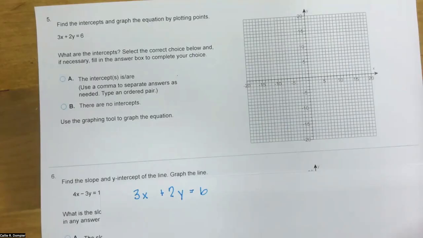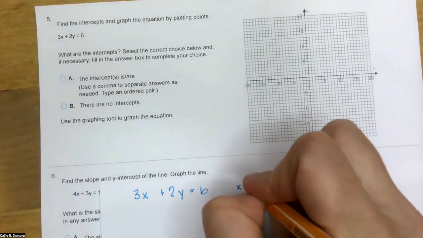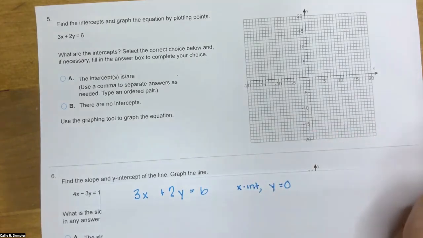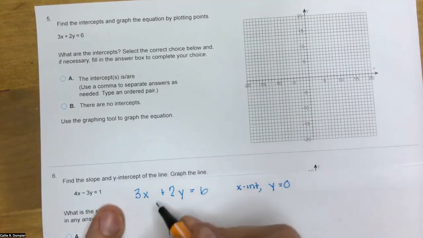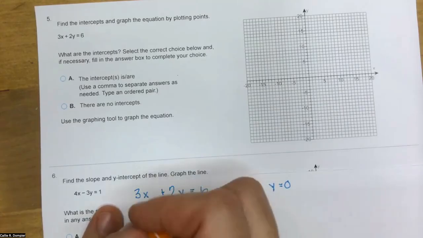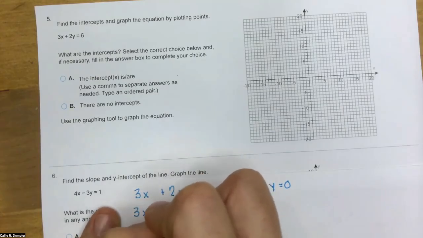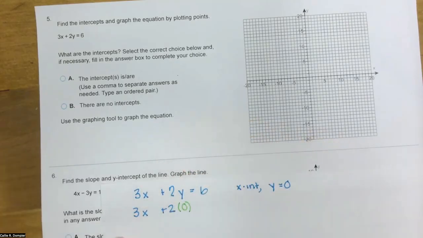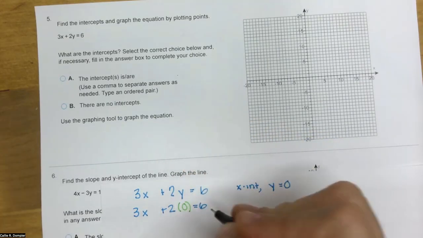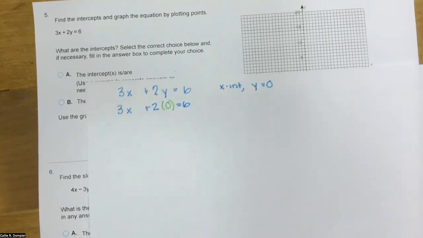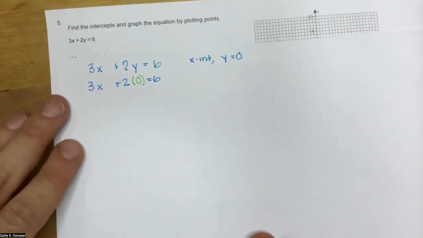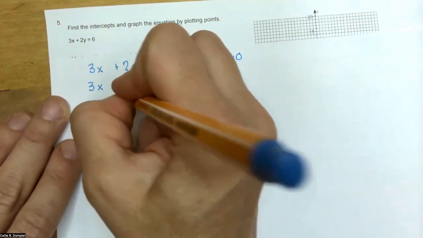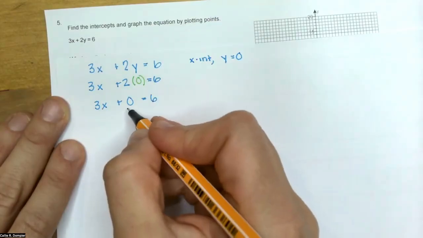So to find the x-intercept, we want to set y equal to 0. Good? Okay, so in this equation, we're just going to leave x as x, and we're going to make y 0. 3x plus 2 times 0 equals 6, and we're just going to solve it for x. 2 times 0 is 0, that just disappears, right?